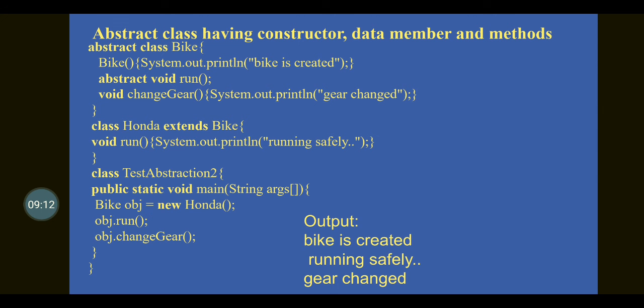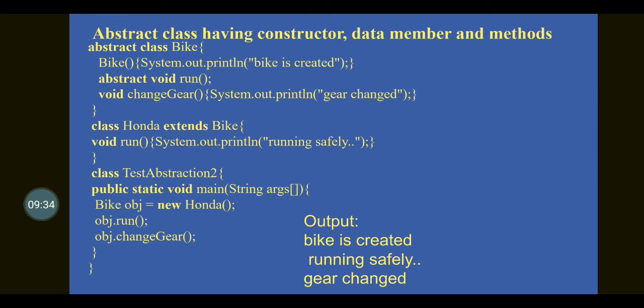We create the object for the class Bike, but the memory is instantiated for the derived class Honda, so the base class constructor will also be called when the memory is instantiated with reference to the derived class.